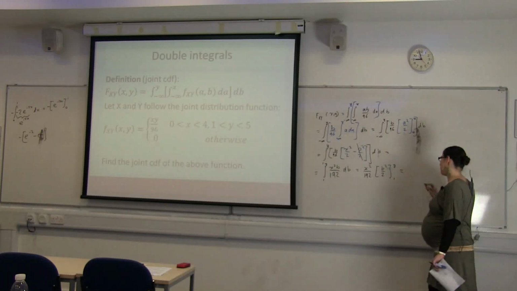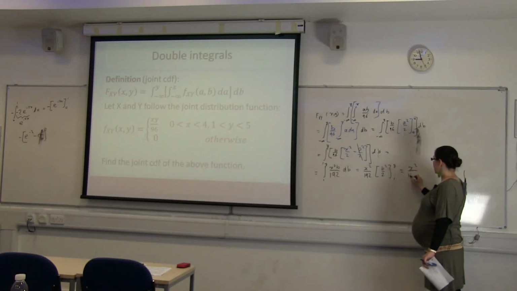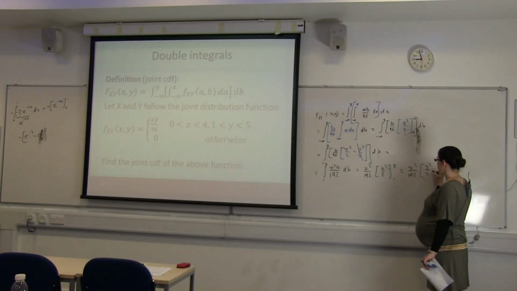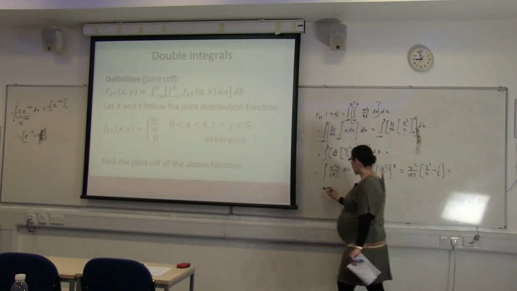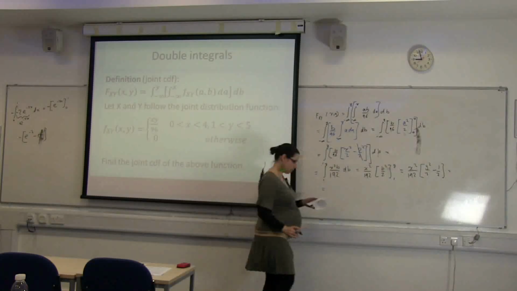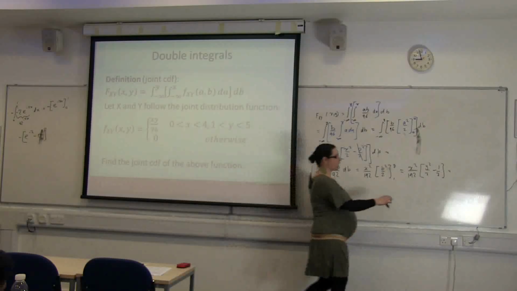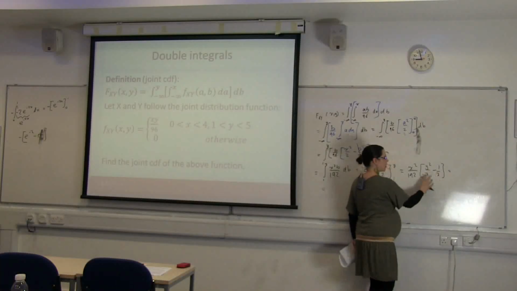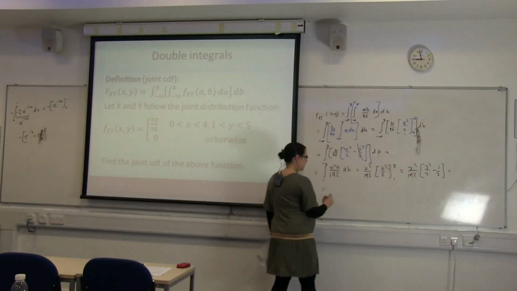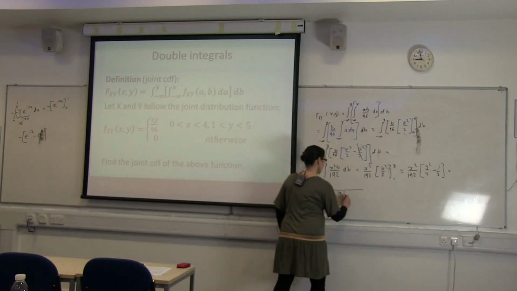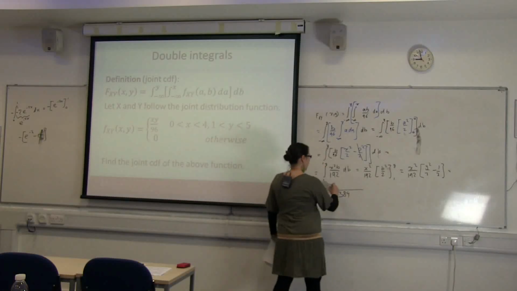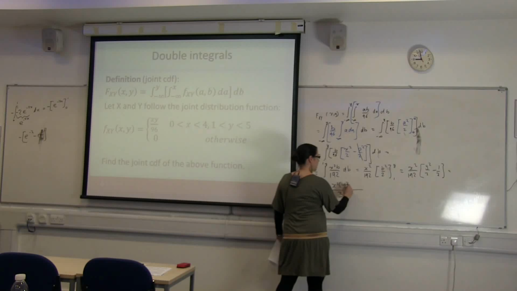So x squared over 192 times y squared over 2 minus a half. I can factor out the 2 at the bottom because that's in both of the fractions. 2 times 192 is 384. x squared, y squared minus 1.